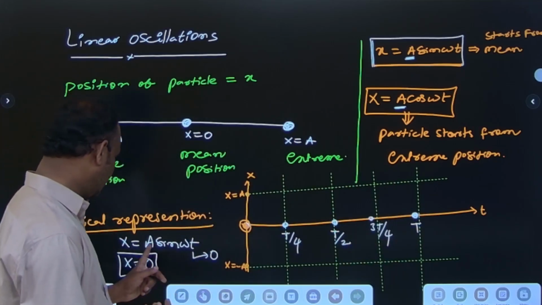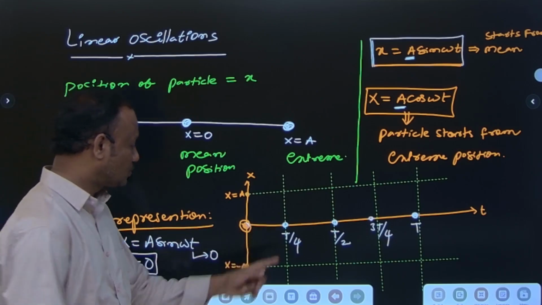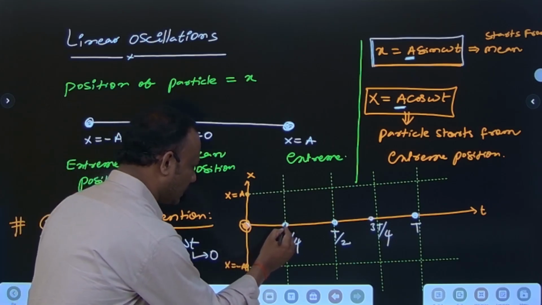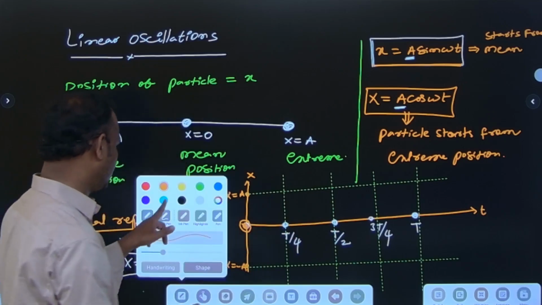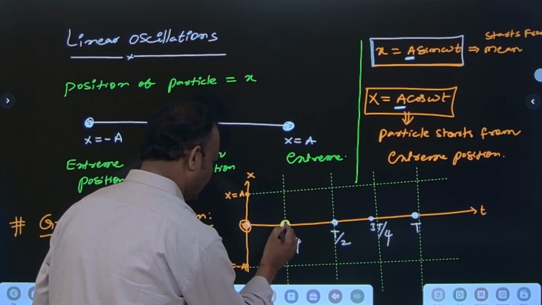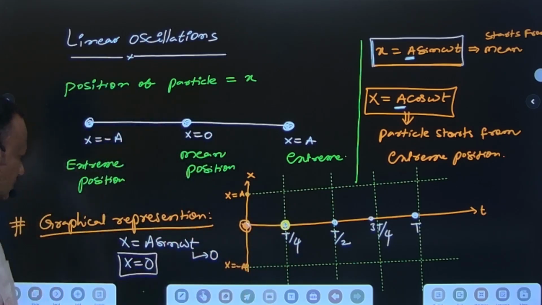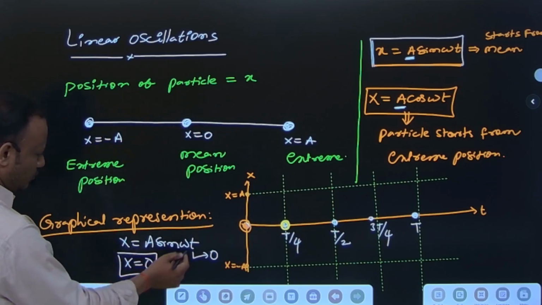First, X equals A sin omega t, as we have written. In place of t, I substitute, for example, T by 4. What do we get in X equals A sin omega t?